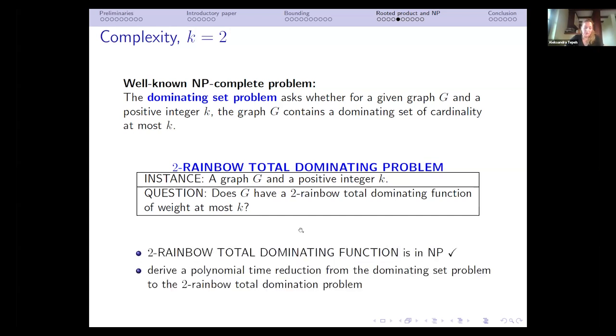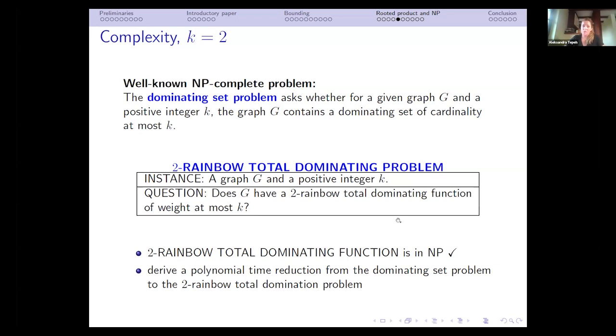To prove the NP-completeness, we have to check that the two-rainbow total domination problem is in NP, which is clear. And then we derived a polynomial time reduction from this known dominating set problem to our two-rainbow total domination problem.